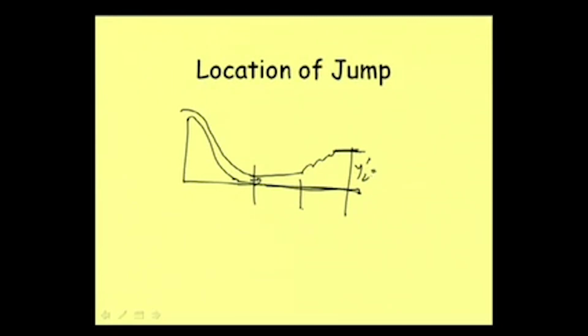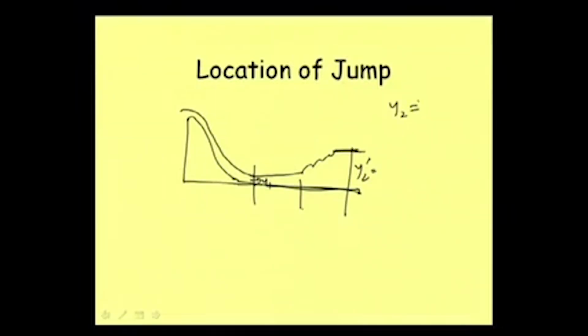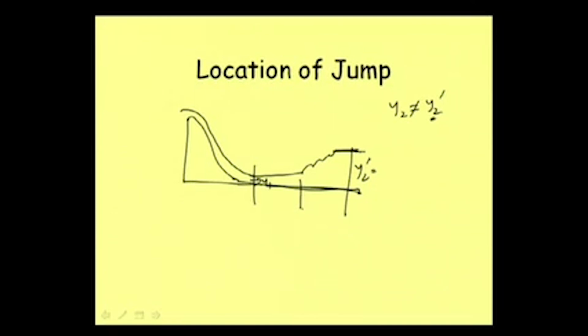Now suppose y1 is this one, then we can calculate the sequent depth y2. Now if we find that y2 is not equal to y2 dash, that is the existing tailwater depth, which is the most commonly encountered situation, that calculated y2 will not be equal to the existing tailwater depth y2 dash.